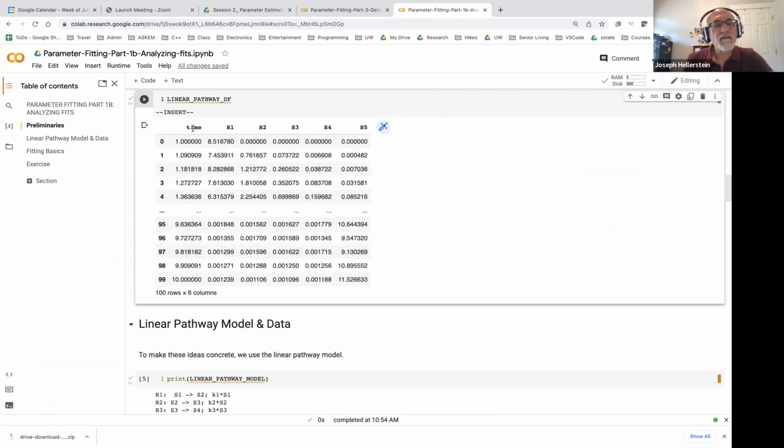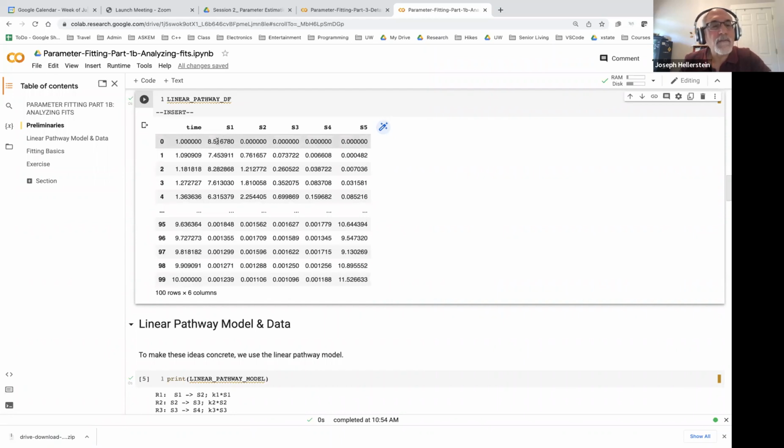I'm sure you've seen this already in the tellurium discussion. We have time as one column, and then the values of each one of the floating species. These depend obviously on the values of the kinetic constants. And not surprisingly, this is over a period from time 1 there, and we go down to time 10. We start out with all the mass up here with S1, because that's initially 10.